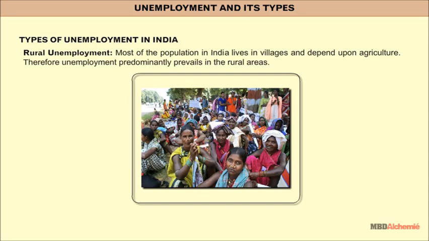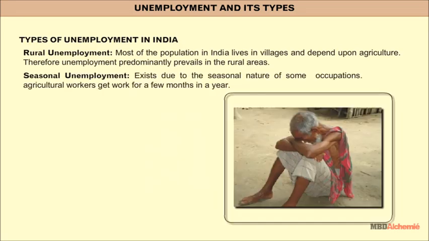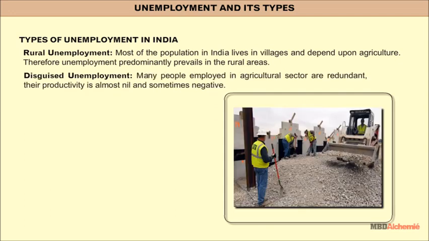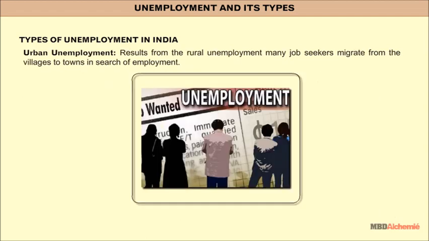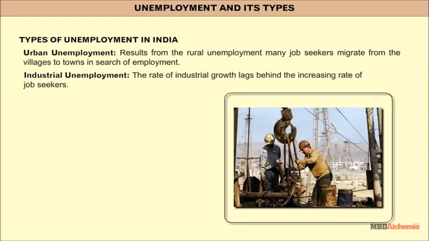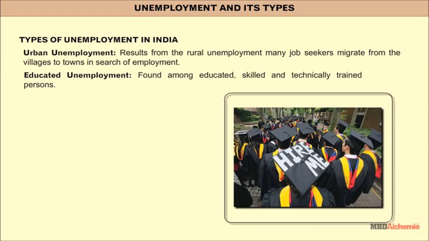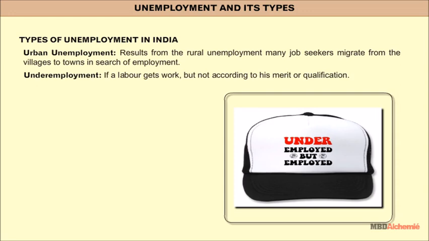Rural unemployment can be classified as seasonal unemployment, disguised unemployment, and chronic unemployment. Urban unemployment can be classified as industrial unemployment, educated unemployment, and underemployment.